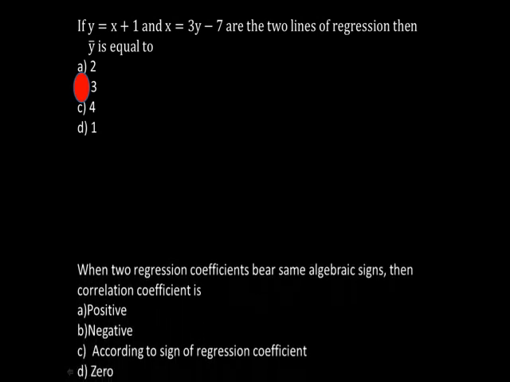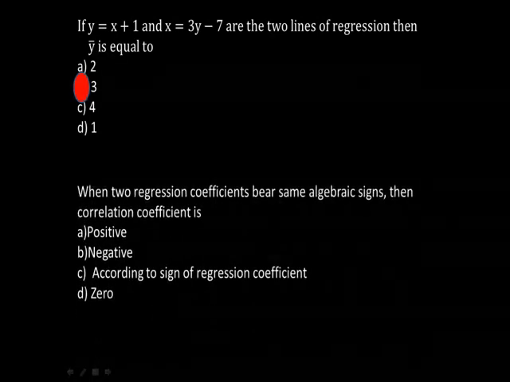Now the next question says that when two regression coefficients bear the same algebraic sign, then the correlation coefficient is: positive, negative, according to the sign of the regression coefficients, or 0. So you have to answer this question smartly.